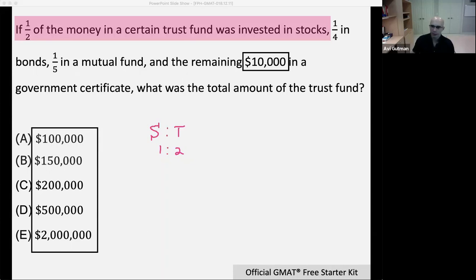Then I keep reading, and at that point, I'm starting to regret my choice of numbers in my model, because a quarter of what in bonds? A quarter of what goes into bonds? Total. That's right, but my total is 2. So then maybe 2 wasn't such a great number to use for my total after all. What would have been a better number to use for total?